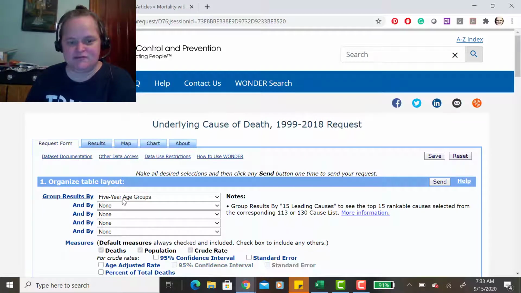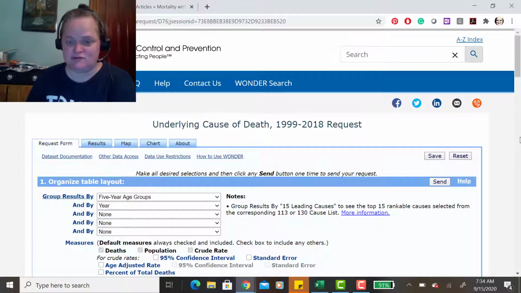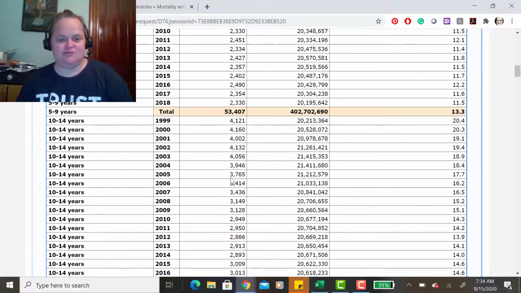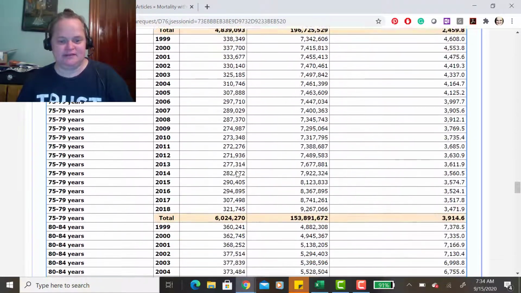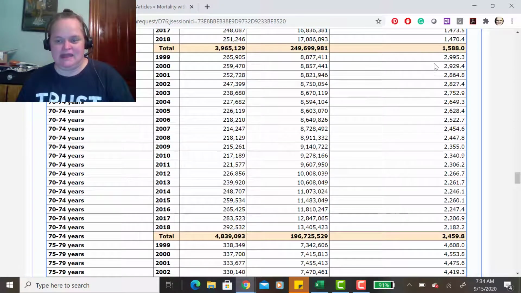Okay. But let's do, so I'm going to do 5-year age groups and then years, so we can see how it's changed over the years. So let's just pick one of these groups, and actually, let's see. Let's try 70 to 74. Okay. And remember, over here, this is the crude death rate. What has been going on with the crude death rate for those aged 70 to 74?